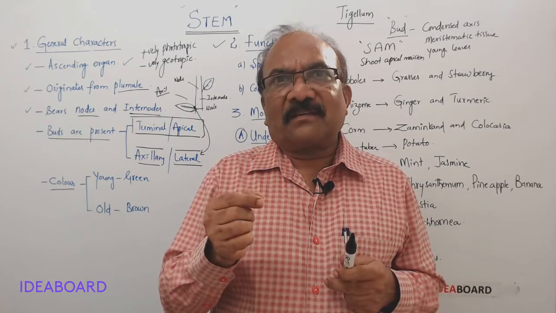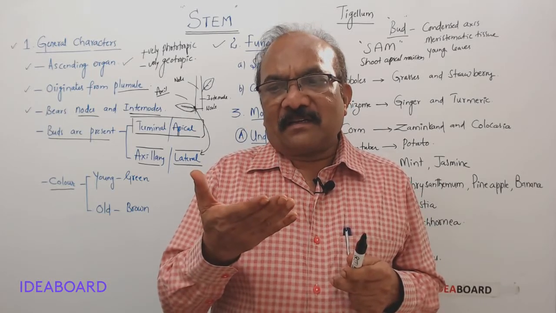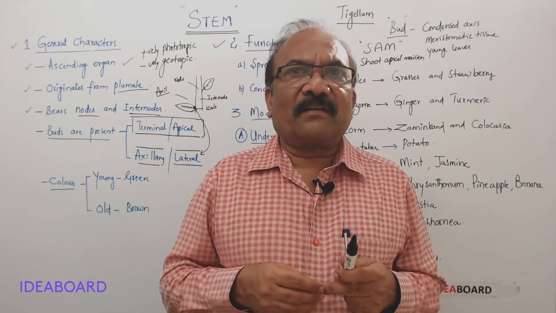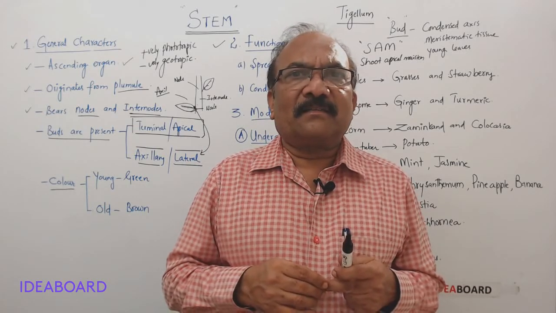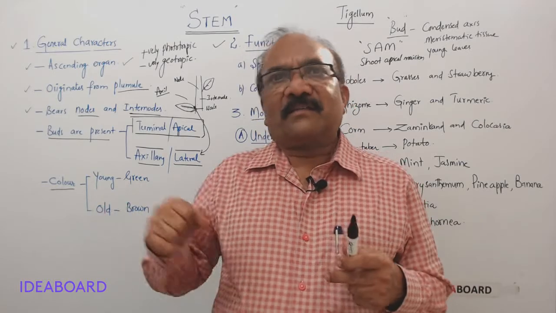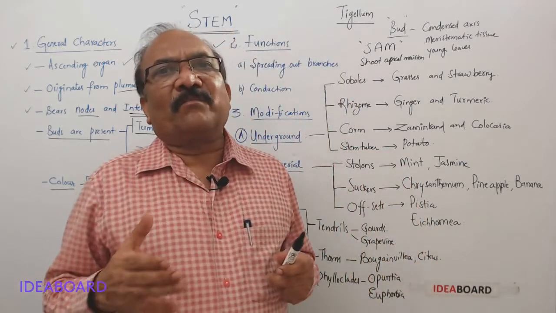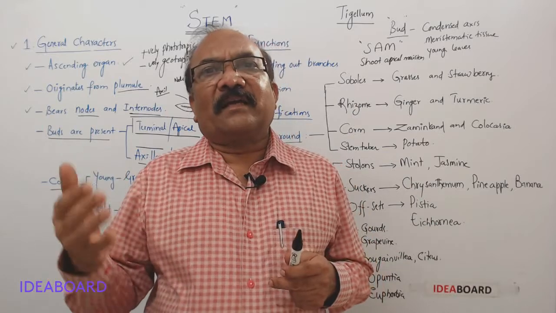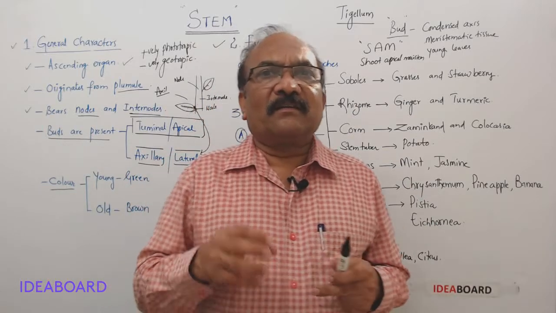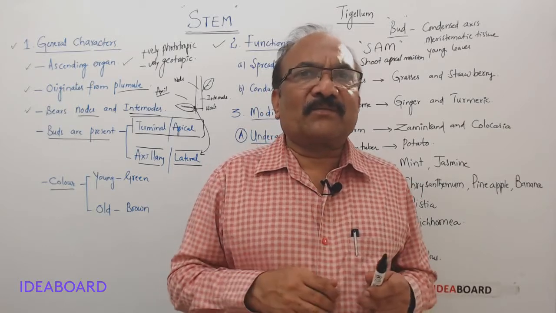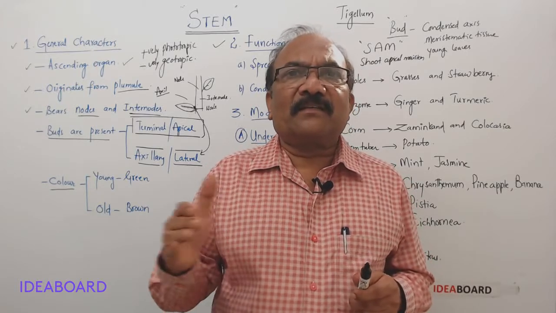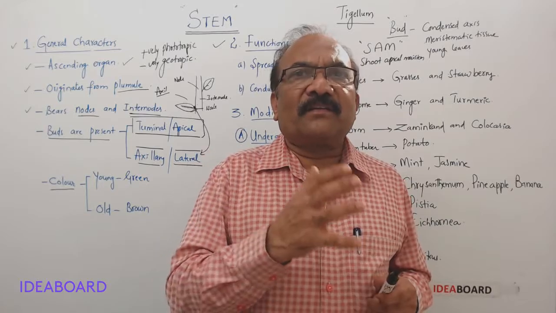If you take these twigs in your hand, what color do you find in that young stem? Green color. Whereas the older stems will have brown color, because the young stems have primary tissues, whereas old stems have secondary tissues. That's why you find this variation in their color.